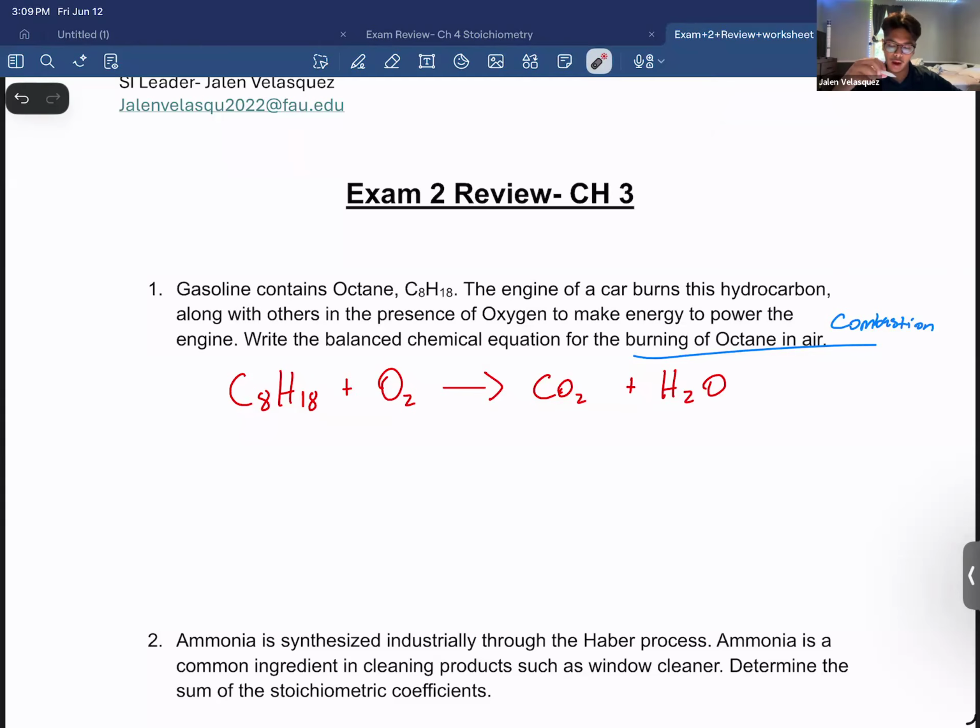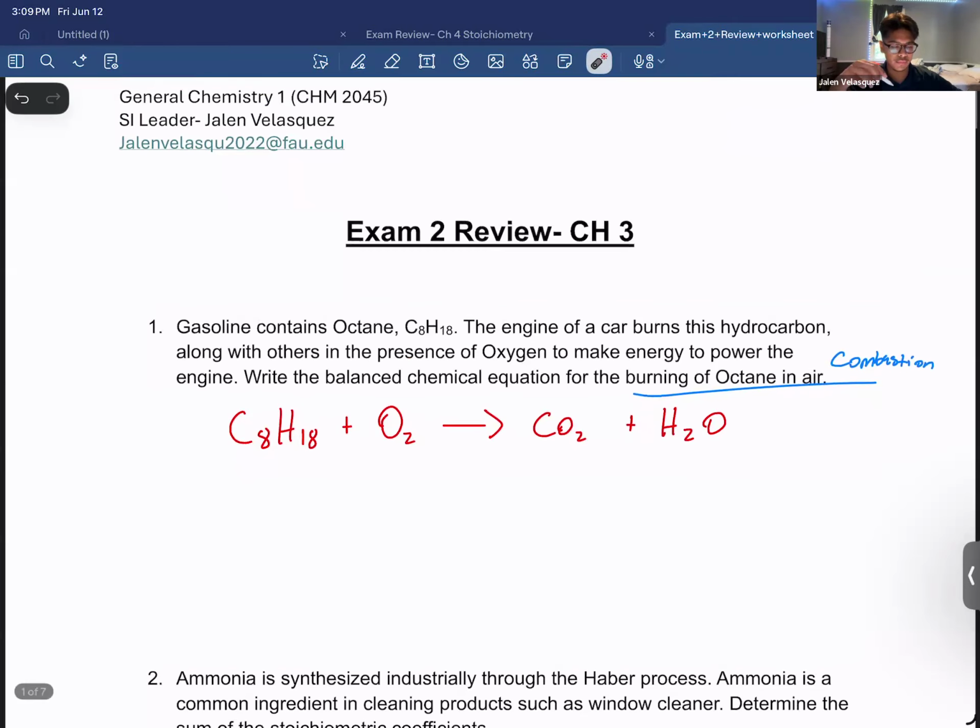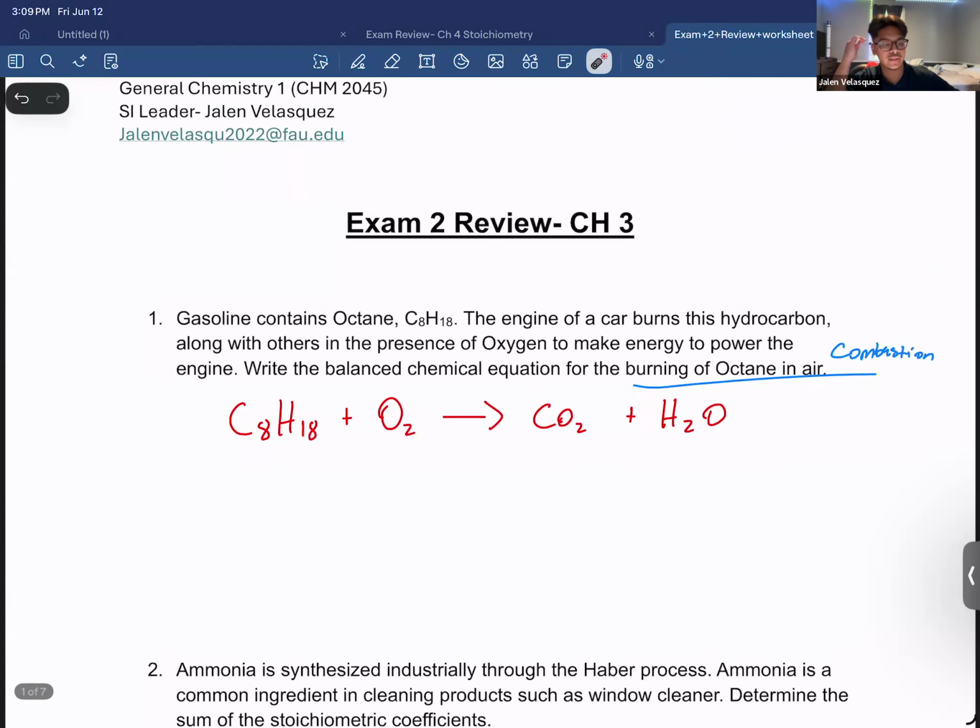So, one of the main things that we learn in this chapter 3 is balancing chemical equations, right? Why we have to balance chemical equations is we have to follow the law of conservation of mass, or conservation of matter. So matter is neither created nor destroyed in a chemical reaction.